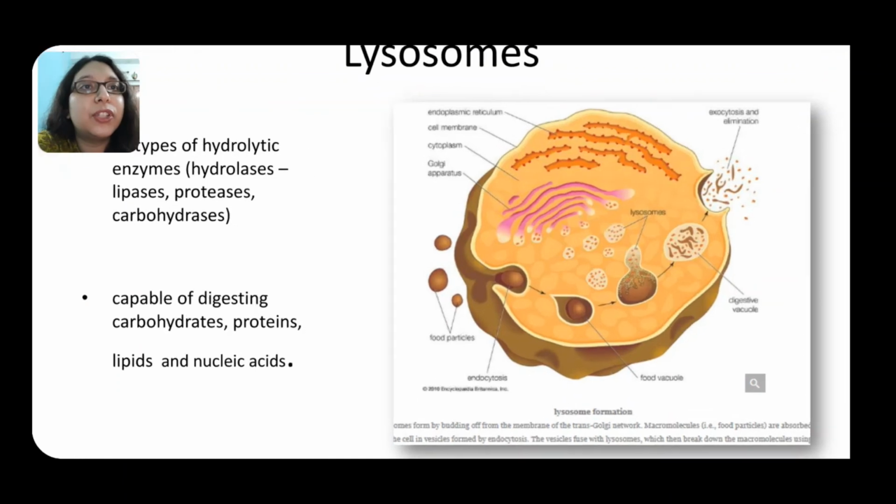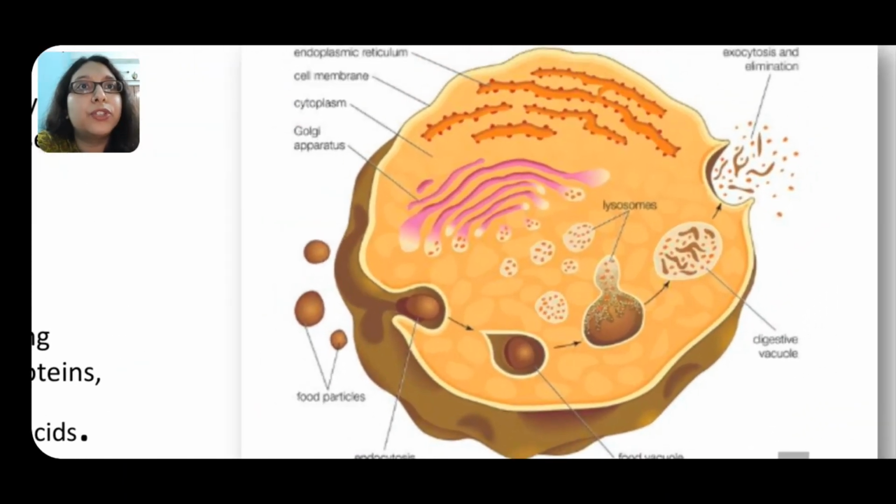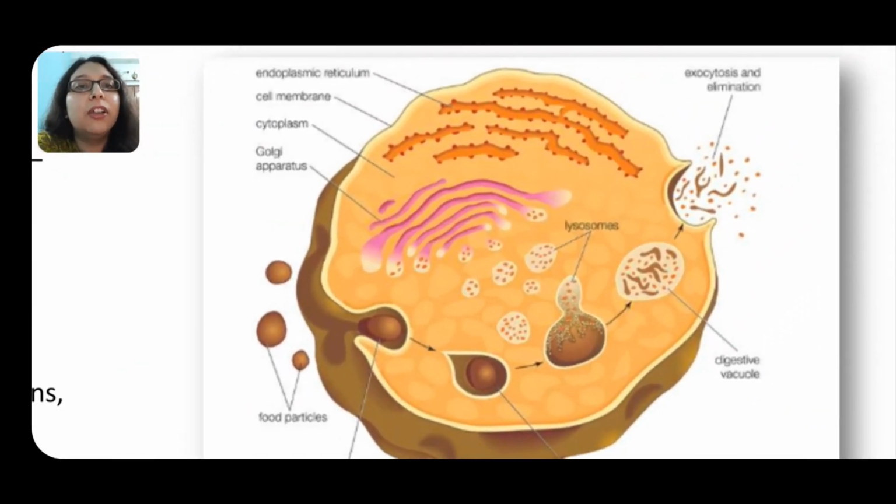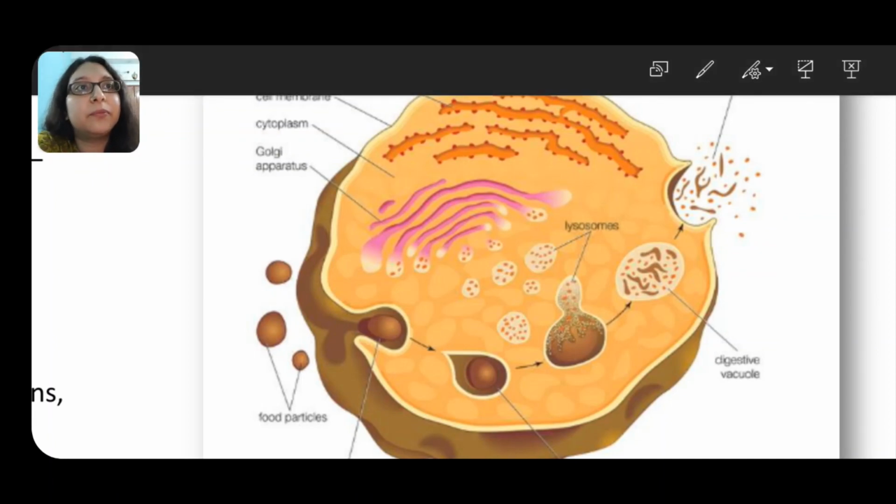Just have a look at this picture. I'll try to zoom in and show it to you. See, in this picture, food particles are entering from one side of the cell into vesicles. Then they are becoming bound by vesicles. In the meantime, these dotted structures which are encircled are the lysosomes. These lysosomes get attached to the vesicles.